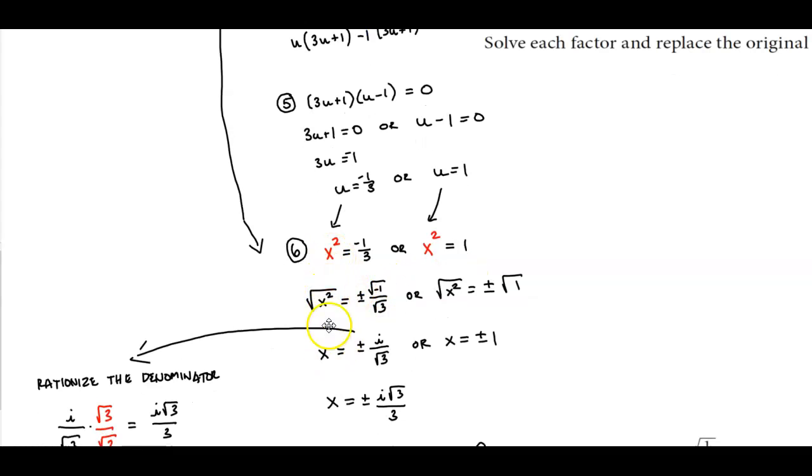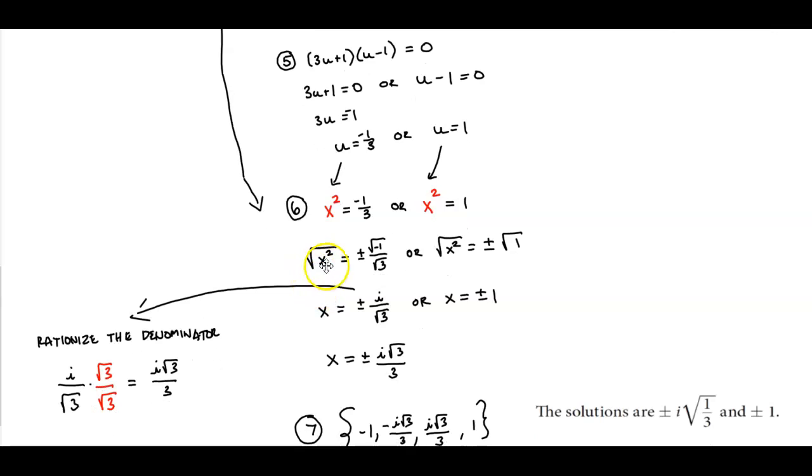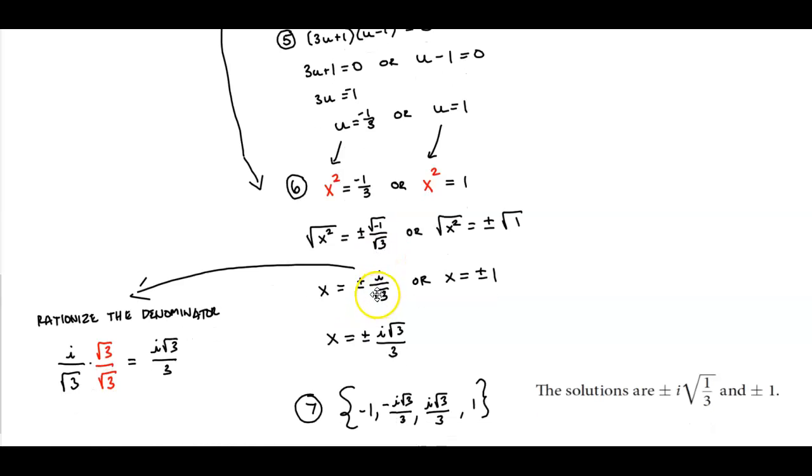In order to get x by itself, we use the square root property by taking the square root of both sides. So the square root of x squared is x, and that's going to equal plus or minus the square root of negative 1 over the square root of 3. That becomes plus or minus i over the square root of 3, since the square root of negative 1 is i.